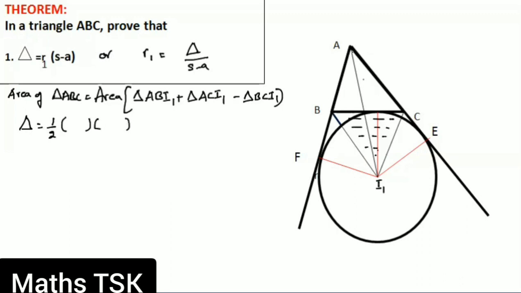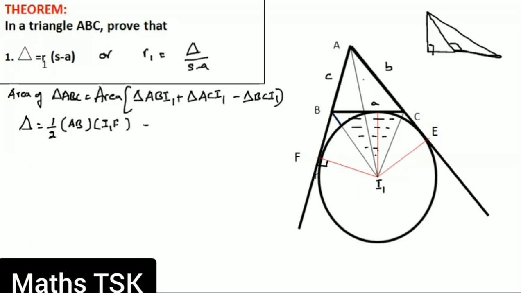Look here. If you consider the triangle ABI1, this becomes the height. This is an obtuse angled triangle. What is the altitude? This is the height. So if you consider ABI1, at B you will have an obtuse angle. If you consider AB as base, height becomes I1F.